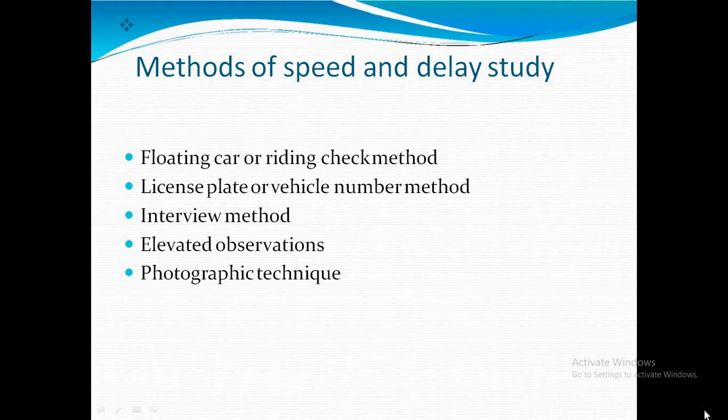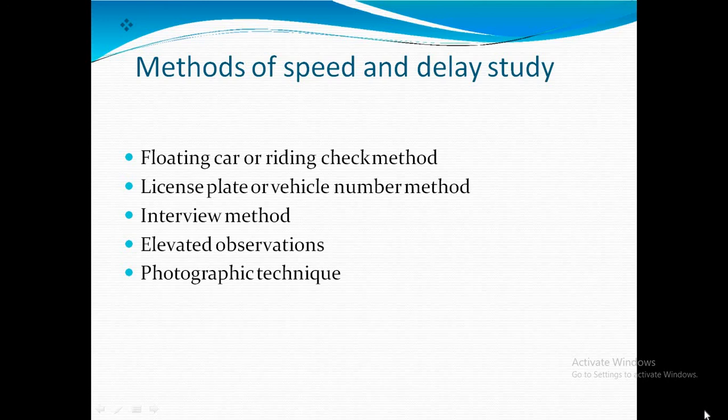The speed and delay study gives the running speeds, overall speeds, fluctuations in the speed, and the delay between two stations on a road spaced far apart. They also give information such as the amount, location, duration, frequency, and causes of delay.